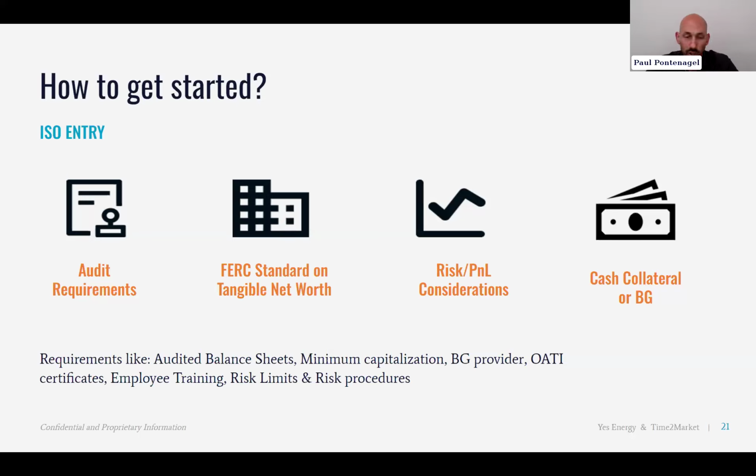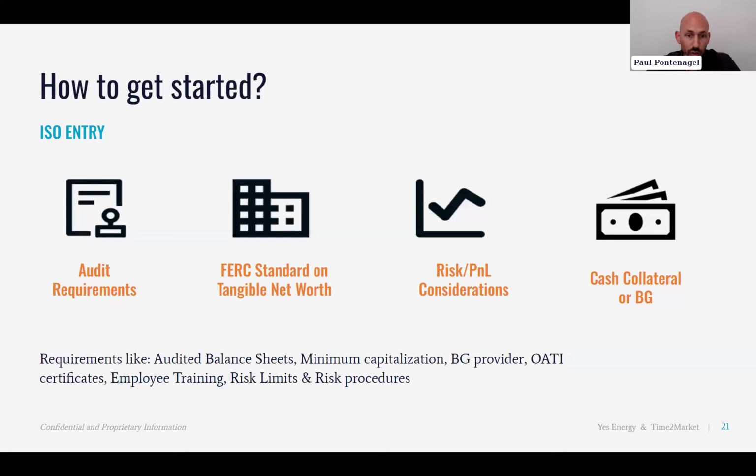Maybe you can get away with an unaudited balance sheet, but somewhere down the line during your process, they do want to see who you are, what your financials are, and they need to be confirmed by an external party, an audit, that you meet the minimum requirements from the local party, the ISO, according to the regulations, that you are a safe and sound party to deal with, also from an ISO perspective, when they consider their own risk.